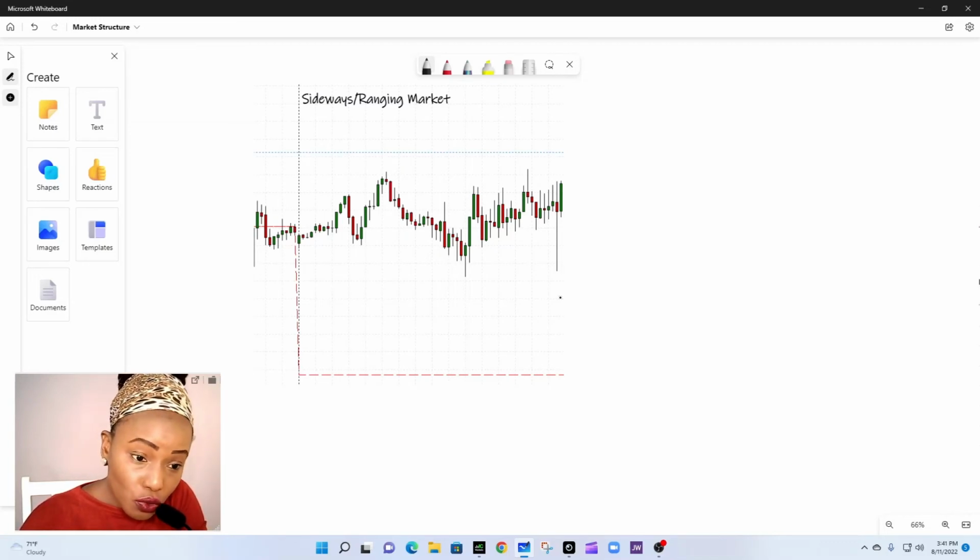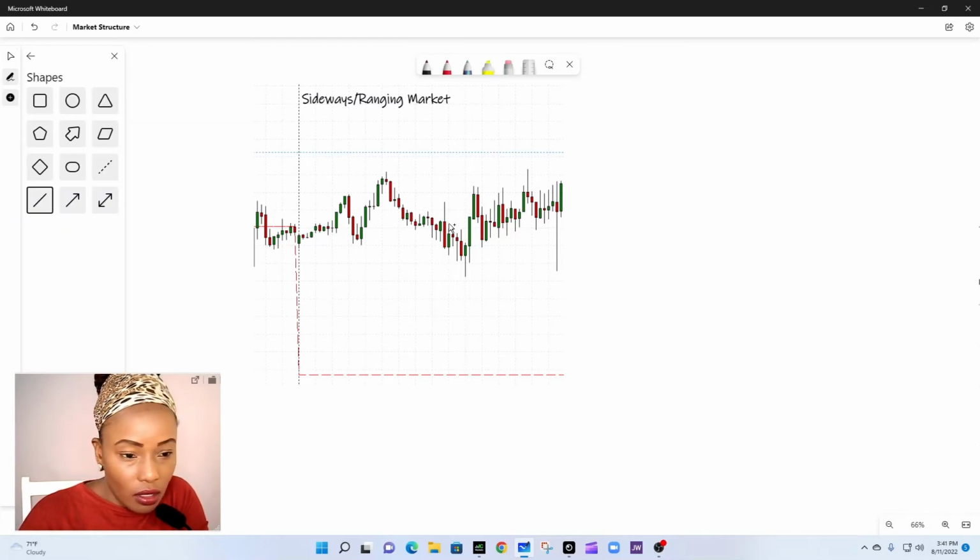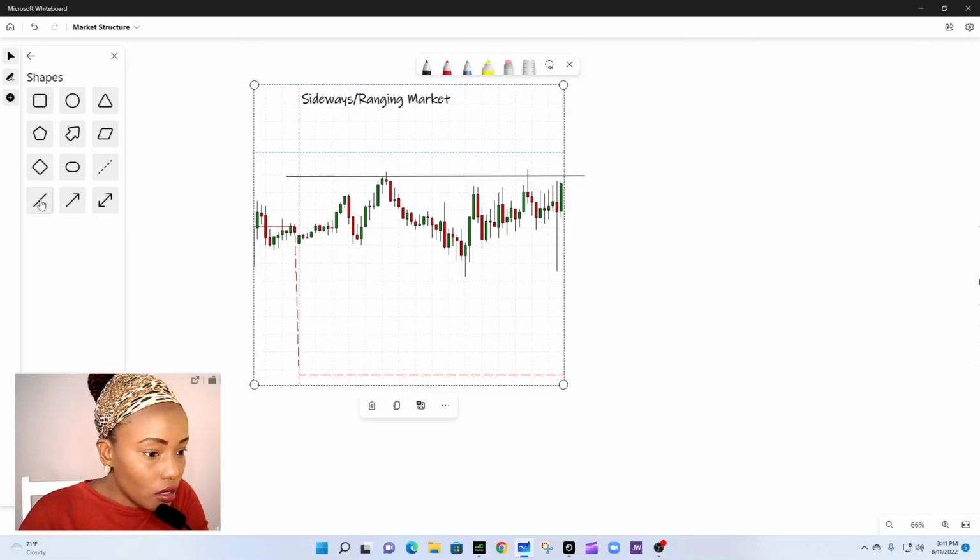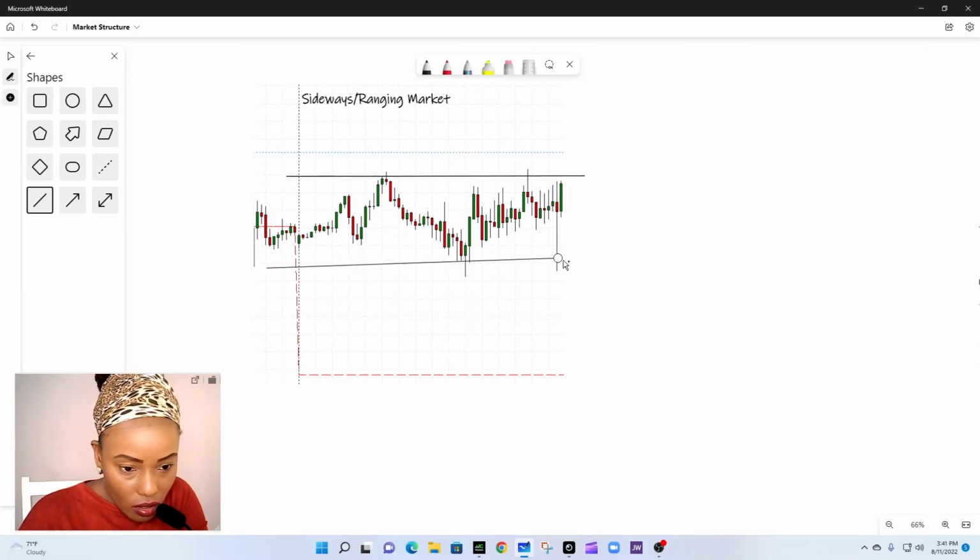What do you do as a trader? You just mark your highs and your lows. So let's mark our highs and lows here. So this is the highest price point during this session, and let's mark the lowest price point during this session.